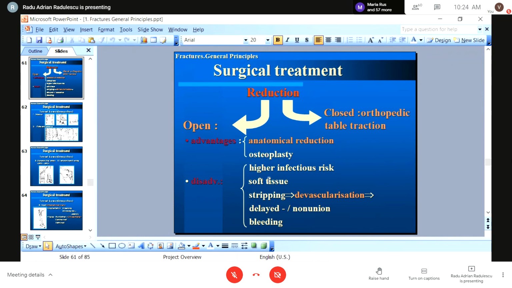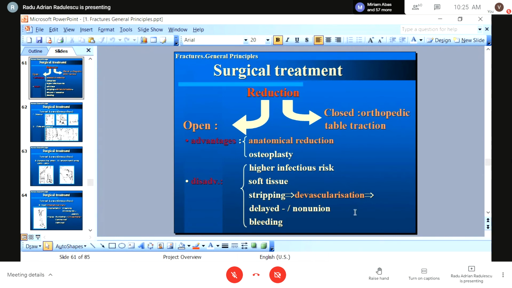We may even replace part of the bone which was lost during the fracture if we have an open fracture, but it has disadvantages because it may introduce germs at the level of the site of the fracture. It may damage soft tissues. It may produce stripping, which means devascularization of the bone ends, which may lead to delayed or non-union.